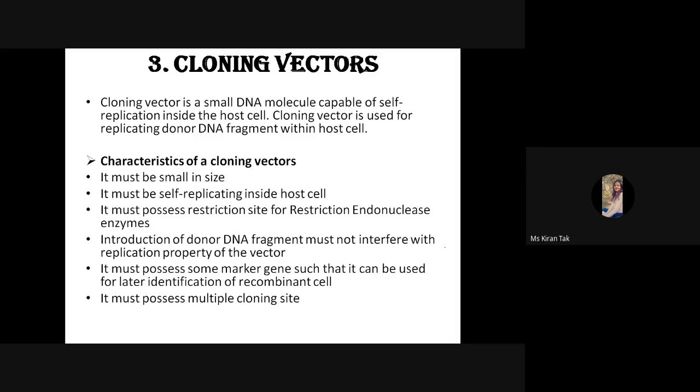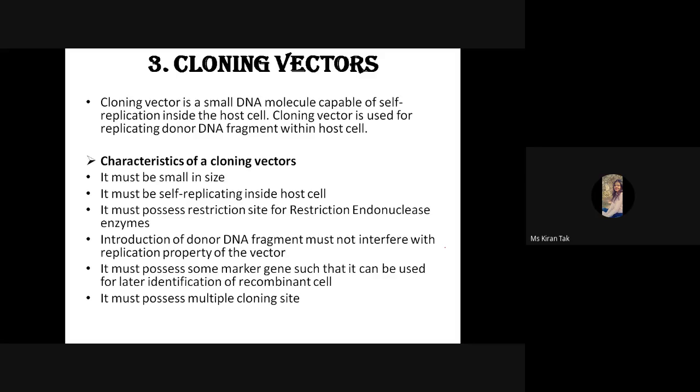Introduction of the donor DNA fragment must not interfere with the replication property of the vector. So when we insert our gene of interest into it, it should not interfere with the replication of the vector. It must possess some marker genes such that it can be used for later identification of recombinant cells.